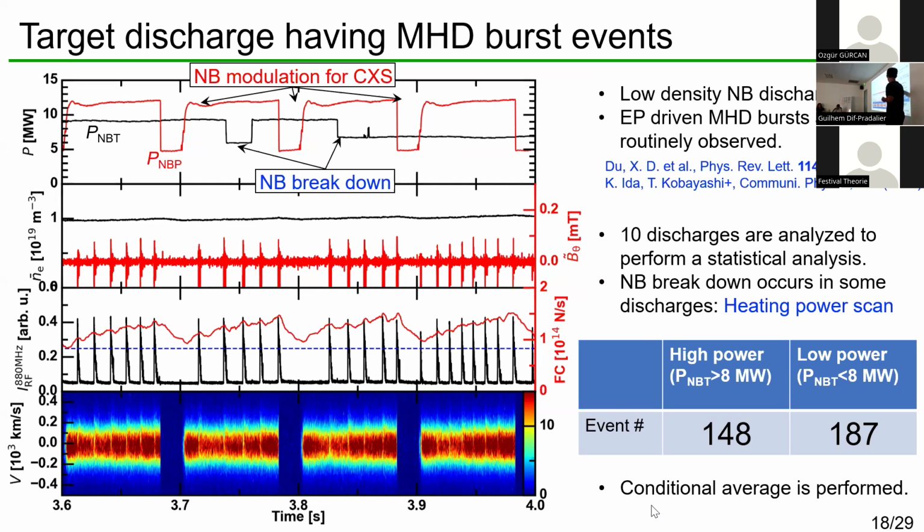We got 10 discharges for making the data set, and we have a total of 145 such events for the high power period and 187 events for the low power period. We apply conditional averaging to reduce the noise and to apply the phase space tomography.